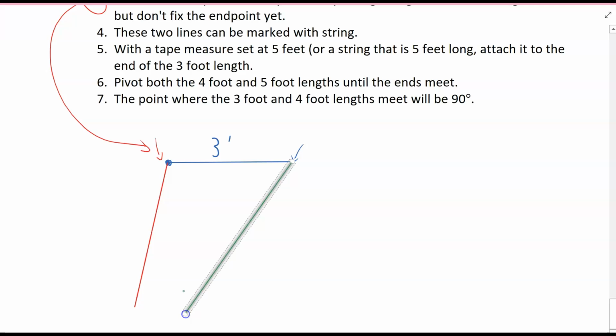And if this one is 5 feet long and this one is 4 feet long, when the 2 come together, they will form a 3, 4, 5 triangle. I'll bring it together here. If I pick them up and join them, then I will have my right angle in the corner. And that's how a 3, 4, 5 triangle is used to form a right angle.